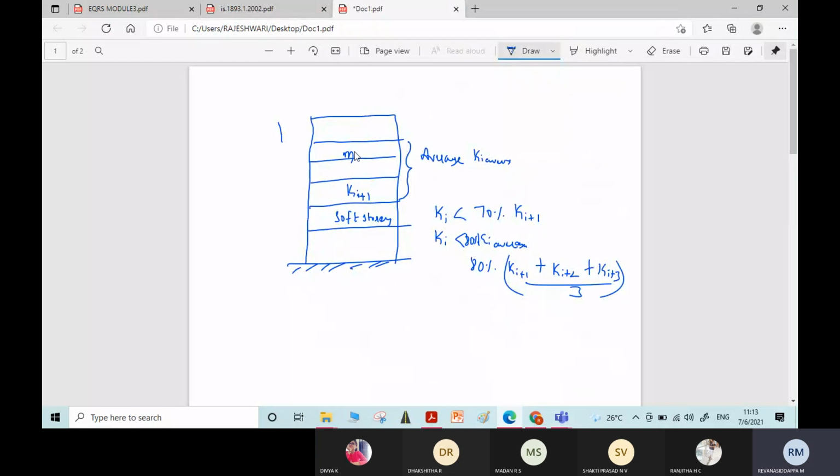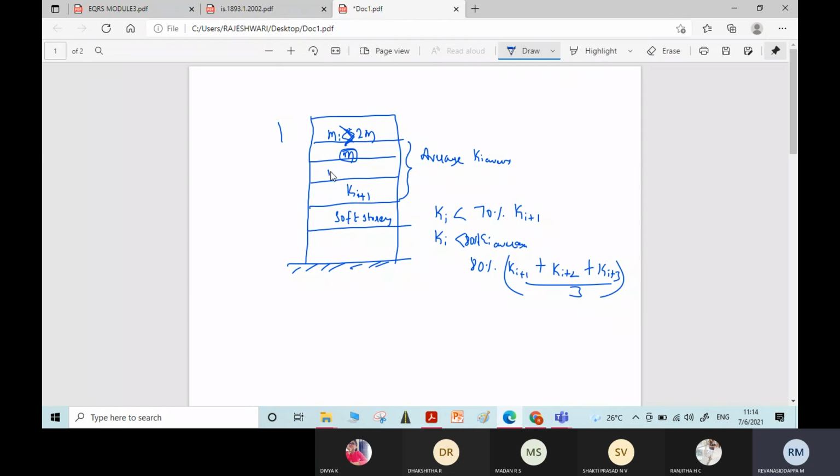If we assume M as the seismic weight of a particular story, and the adjacent story has more than 200% of this mass, meaning two times this mass, if the equivalent mass of this next or neighboring story is greater than two times the mass of the considered story, then it is called mass irregularity.